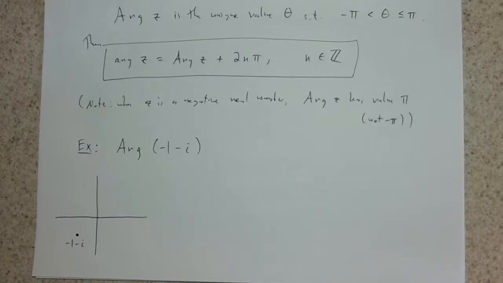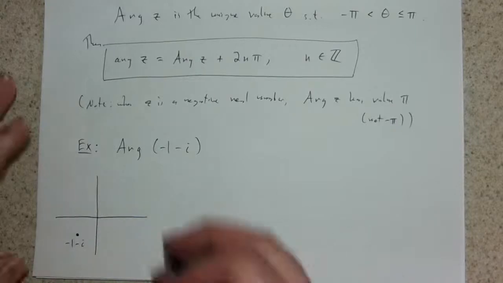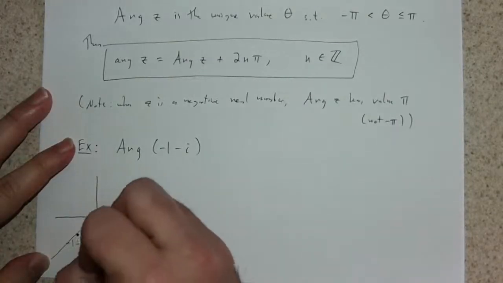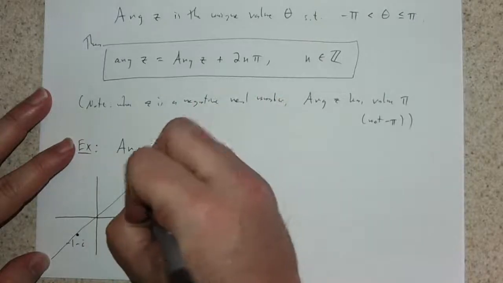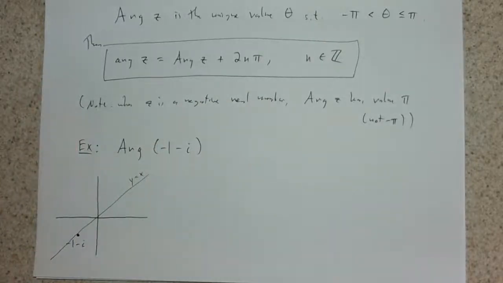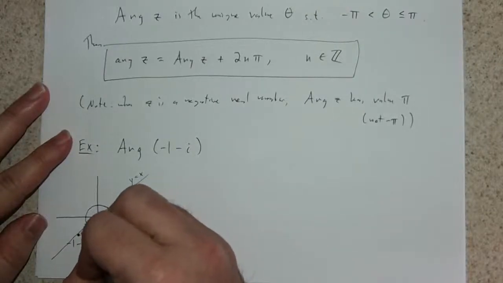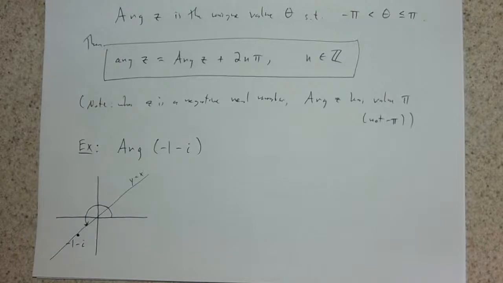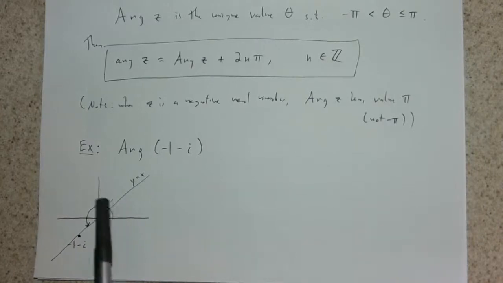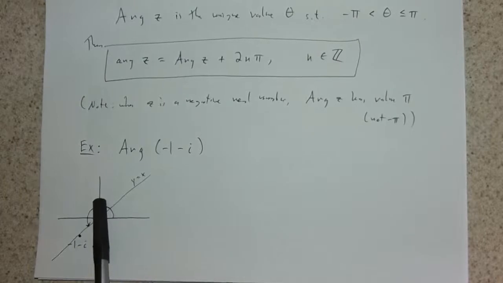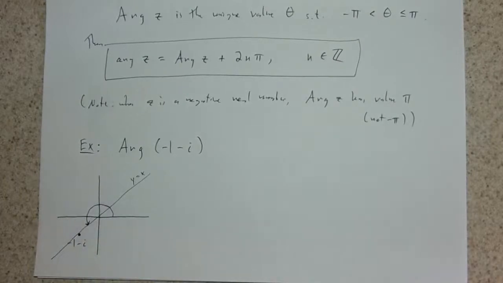Okay. What is this angle? Well, minus 1 minus i is in the third quadrant. Of course, it's on the line y equals x. And so what's the angular value it takes me to get from the positive x-axis to this line y equals x in the third quadrant? Well, here's pi over 4, pi over 2. Here's pi.